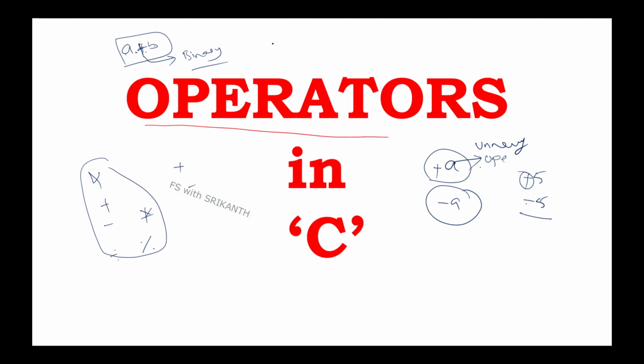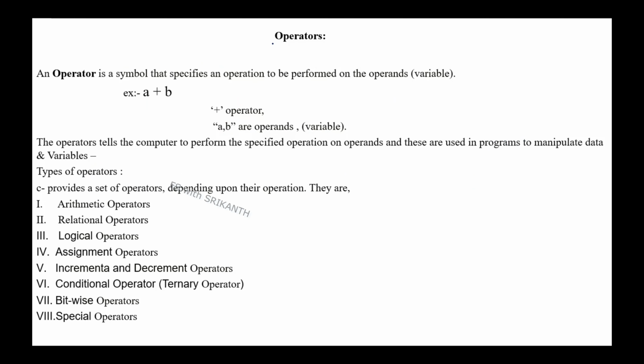Totally three types of operators are there. So in C language, we have totally 8 types of operators: arithmetic operator, relational operator, logical operator, assignment operator, increment and decrement, conditional, bitwise operator, and special operator.